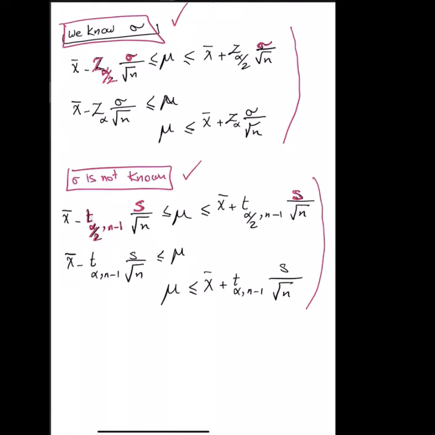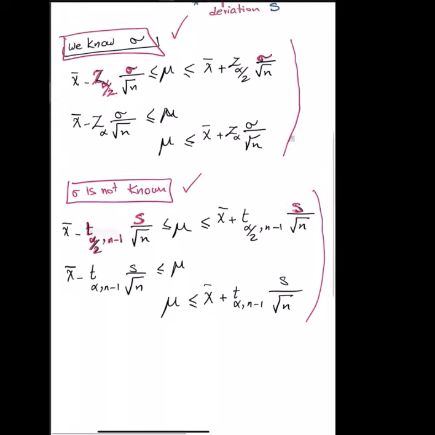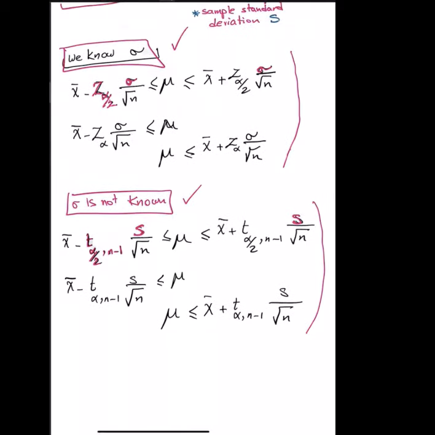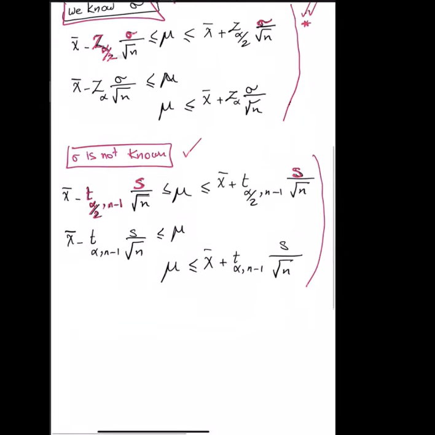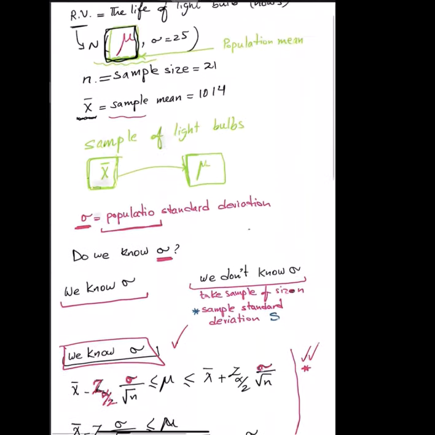Now, in this example, line 1 tells you that sigma is 25 hours. So sigma is given to us, which means I have to pick one of the formulas in the first set. And it says construct a 95% two-sided confidence interval, so I have to pick the very first formula. Let me write these things one more time.